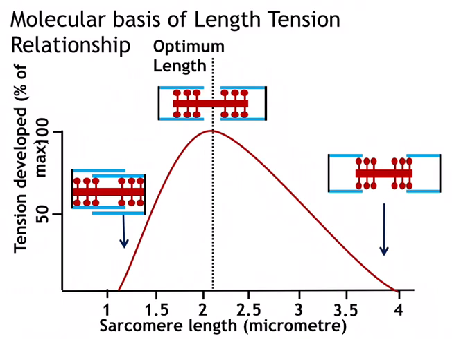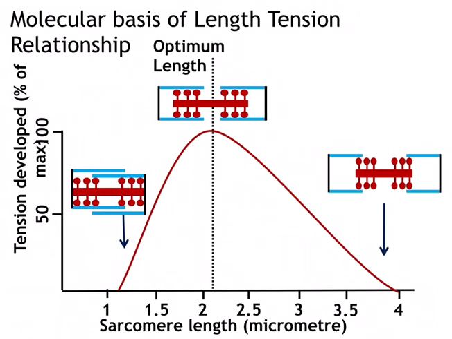If you pull the muscle beyond this optimum length, the number of cross bridges decreases. On the opposite side, if you push the muscle to make it smaller, the thin filaments will slide over each other, and that will cover up active sites, and that will also decrease the number of cross bridges.